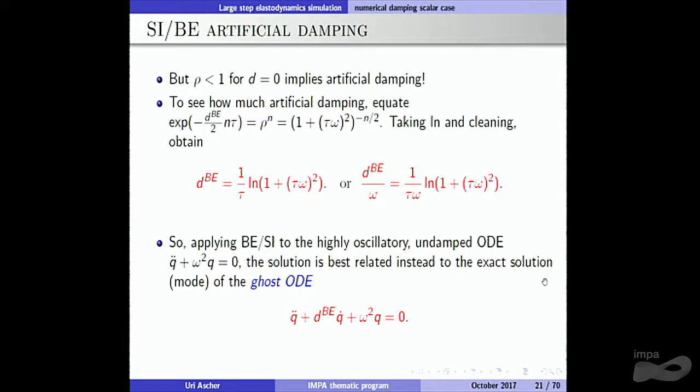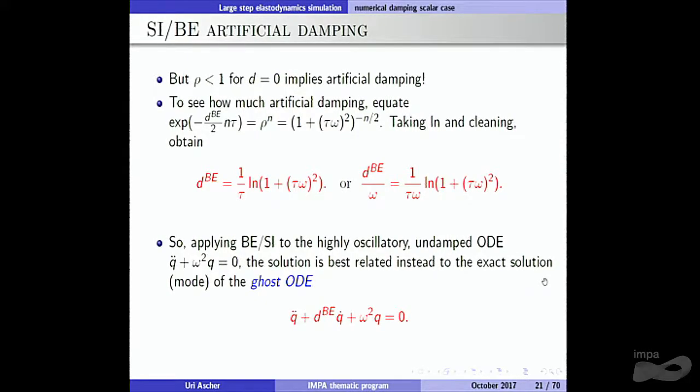And this dBE, when you take the log, the n disappears and the 2 disappears, and you get dBE times tau equal to the log of 1 plus tau omega squared, divide by tau. So that is your artificial damping factor.